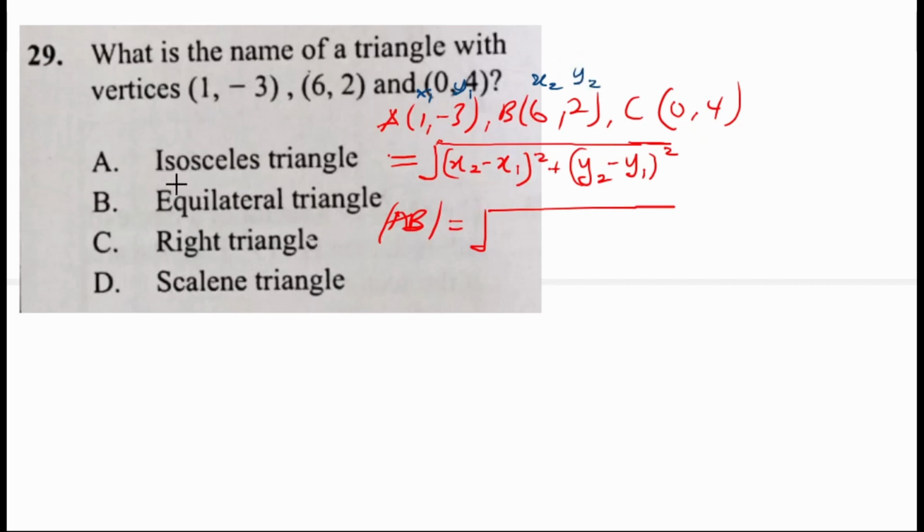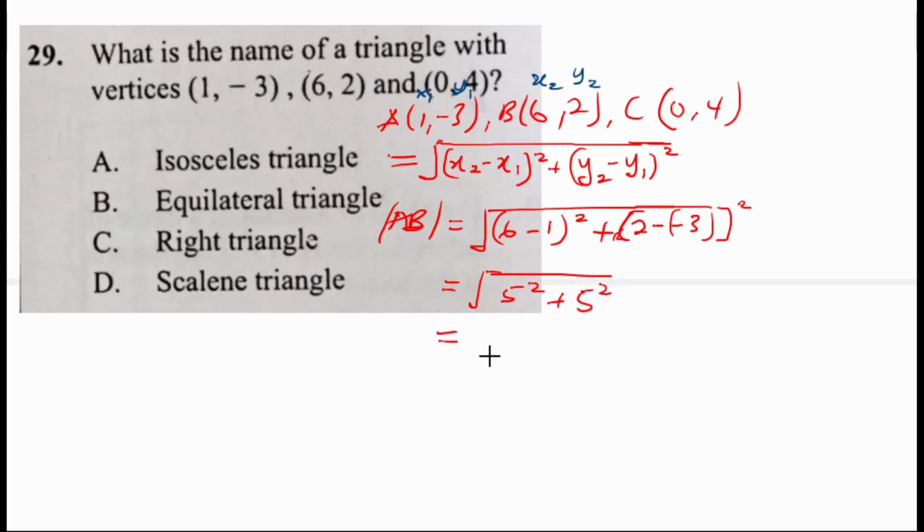And now substituting that into the formula, x2 is 6 minus 1 all squared plus y2 is 2 minus negative 3 all squared. And that gives us 6 minus 1 is 5 squared plus 2 minus negative 3 is 2 plus 3, 5, also 5 squared.